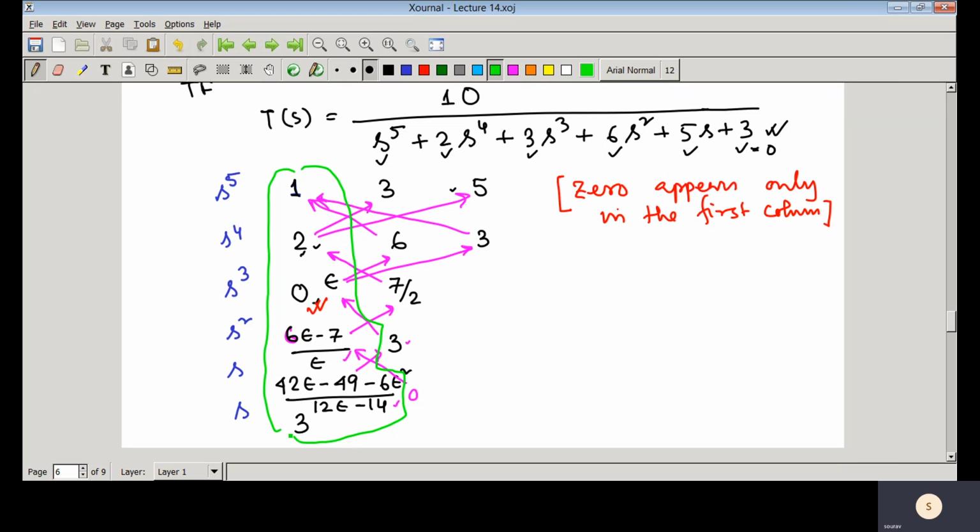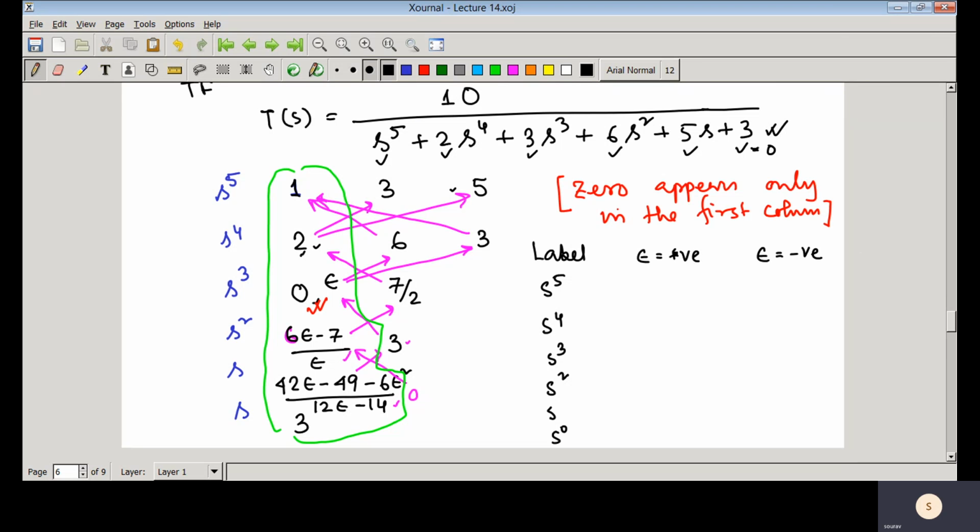So now what we can see, the labels are s^5, s^4, s^3, s^2, s^1 and s^0. Whenever epsilon is positive, a small number, and we can also take epsilon equal to negative.